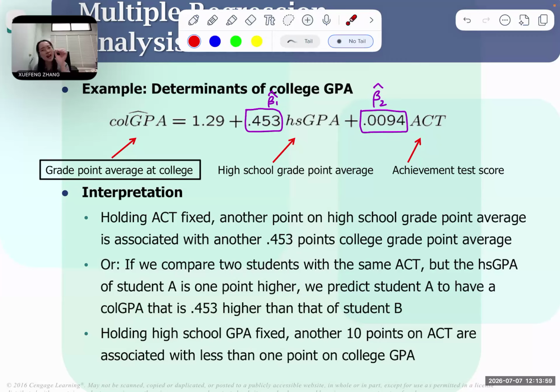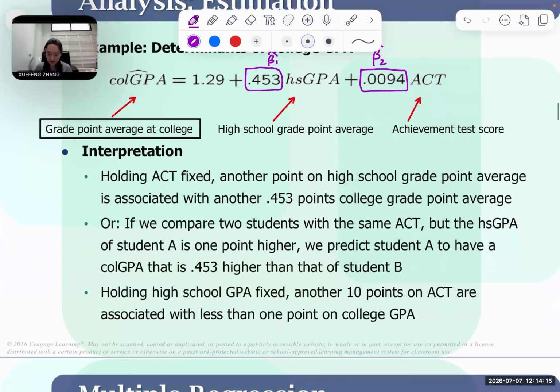This is very tiny, very small, okay? So even 10 more ACT points only add about 0.094, less than a tenth of a point on GPA.